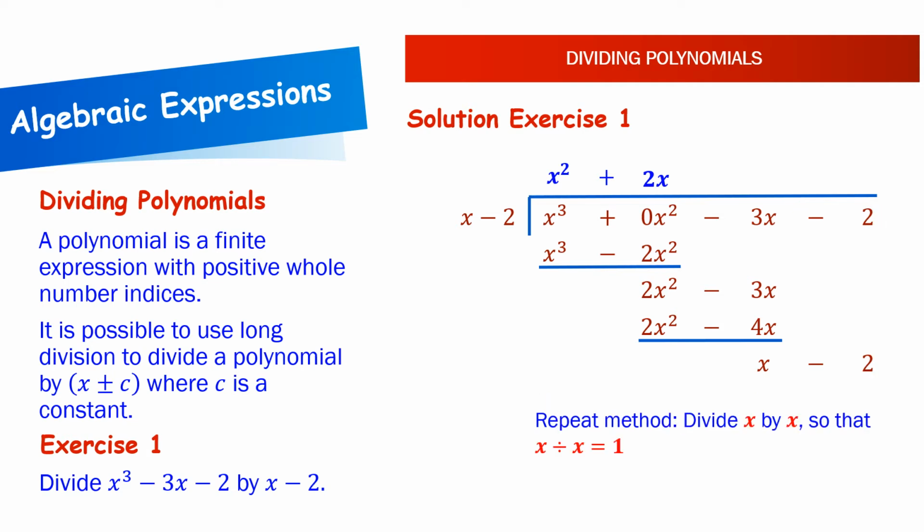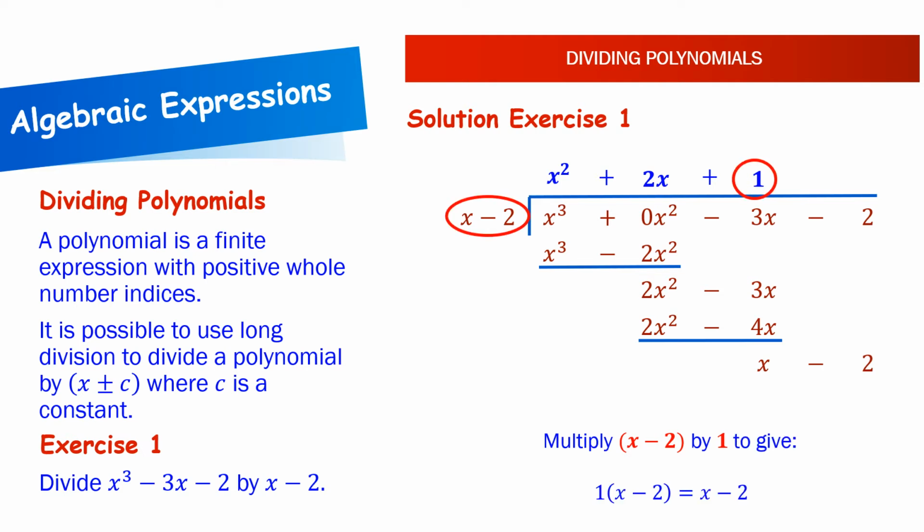Then repeat the method. Divide x by x so that x divided by x equals 1, and position that here as shown. And finally multiply 1 by x minus 2, to give x minus 2.